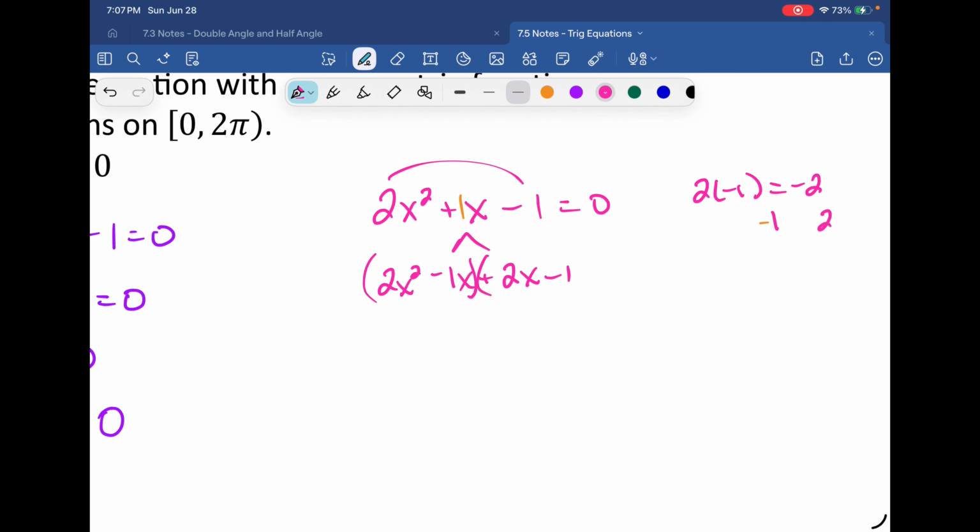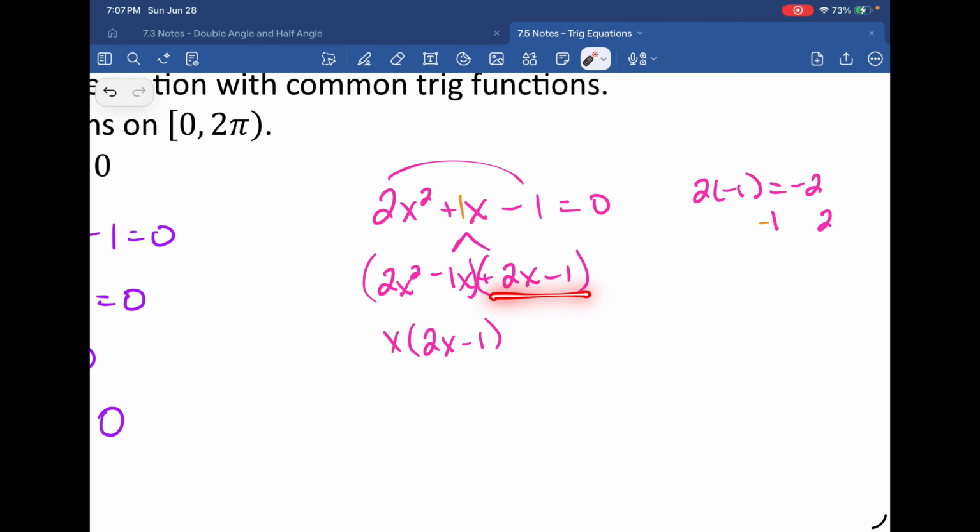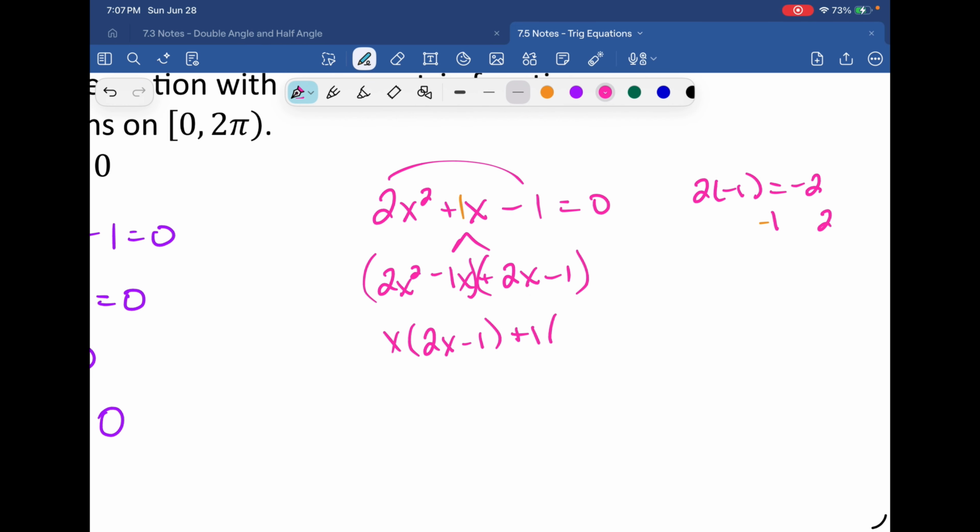Group. GCF here, that's x. GCF here, there's not 1, so pull out a positive 1. Common binomial factors.